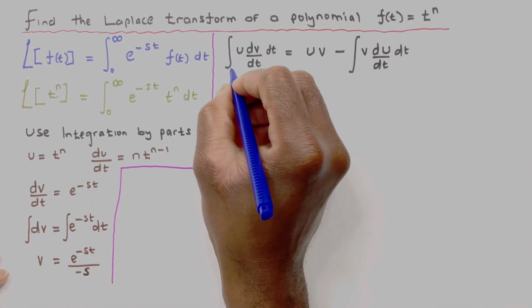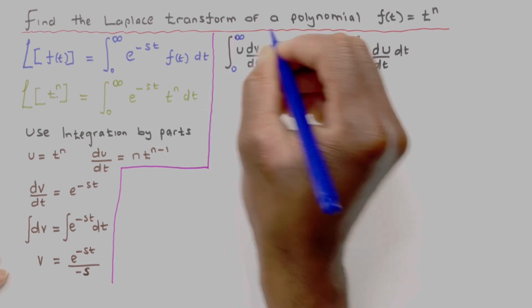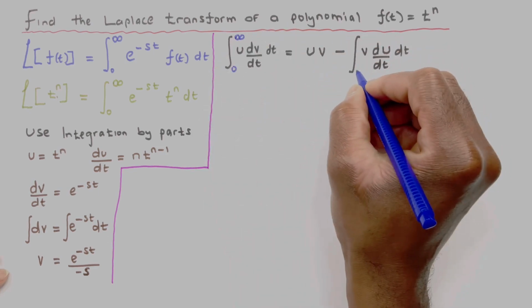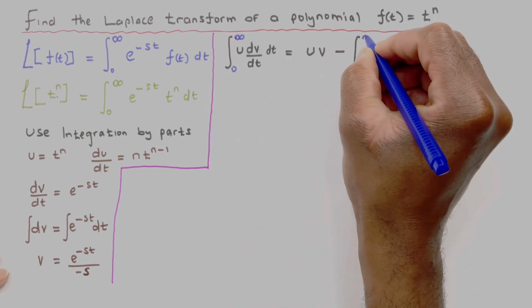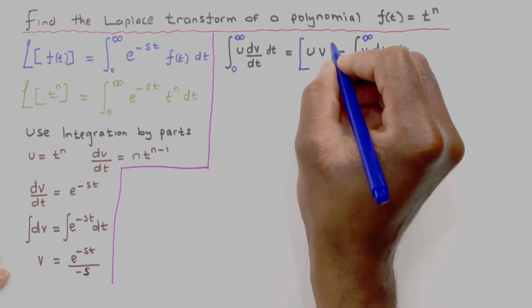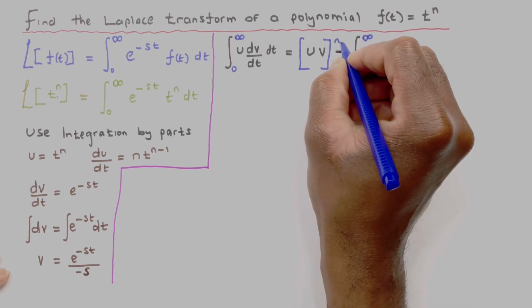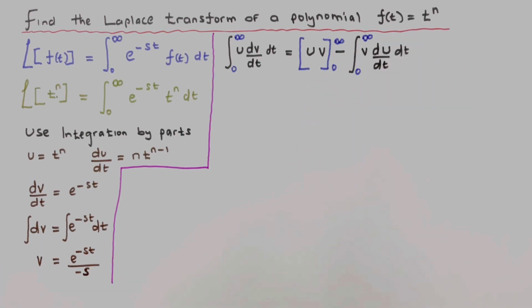We need to go from 0 to infinity, again 0 to infinity, and square brackets there, 0 to infinity. That's for a definite integral.